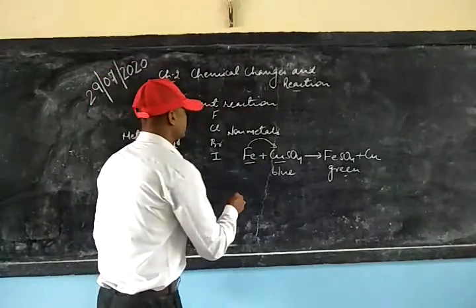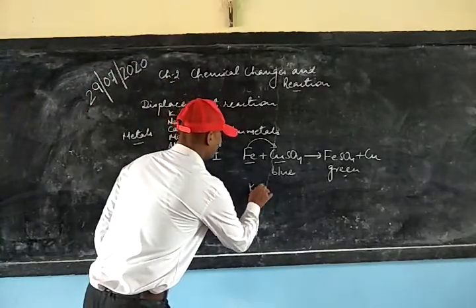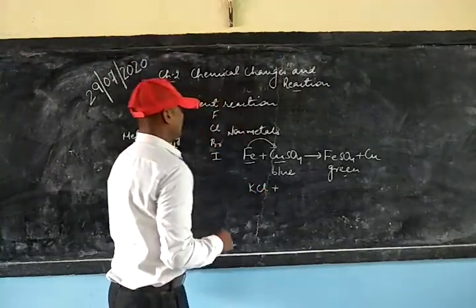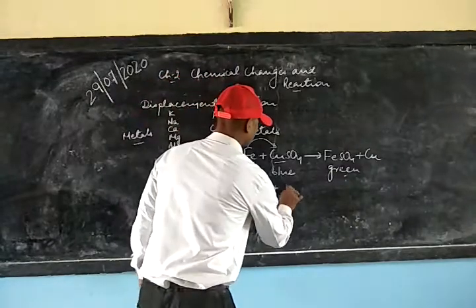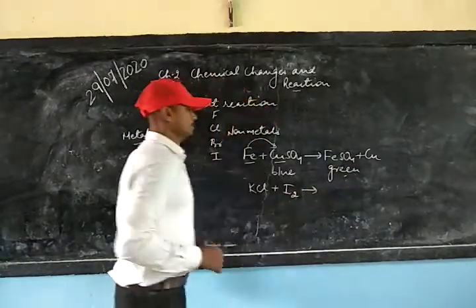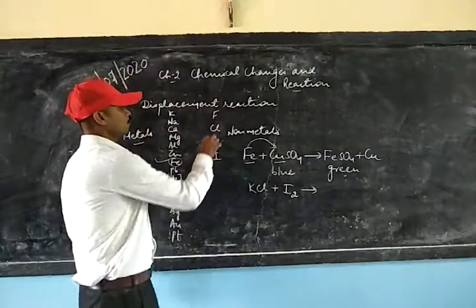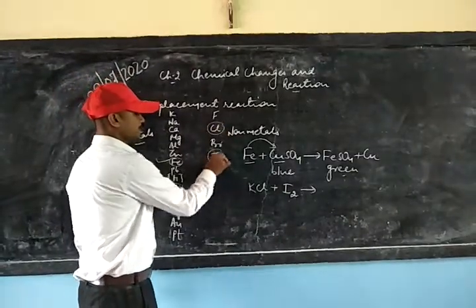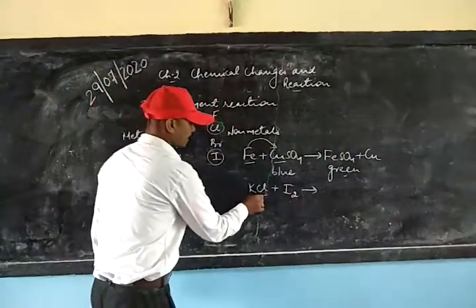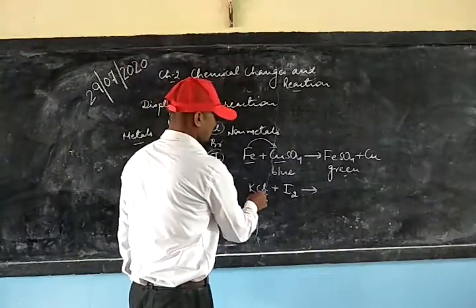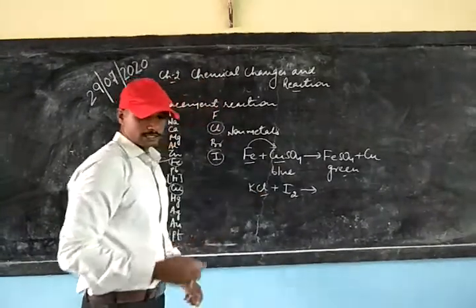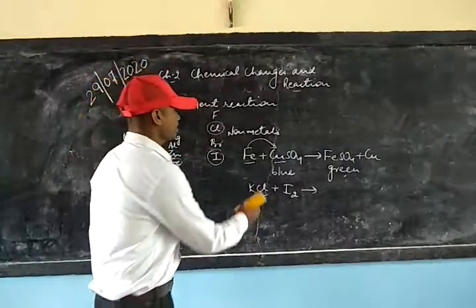Similarly, we have the reaction between KI and Cl2. Here you find chlorine is more reactive than iodine. Let us see the reaction once again.